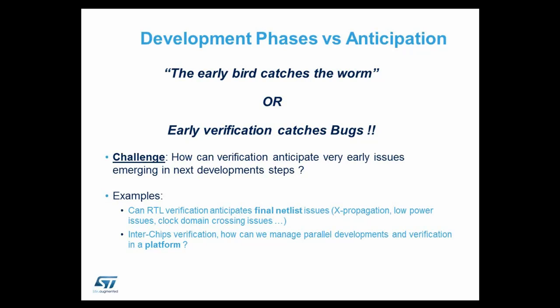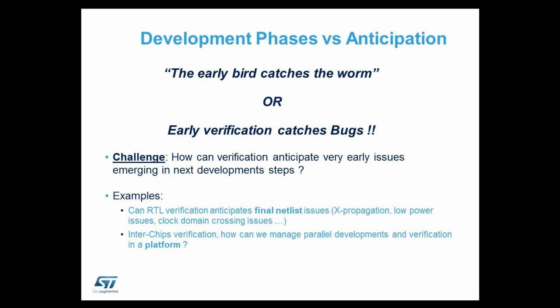There are a lot of examples of RTL verification optimism, like X-propagation, low power, CDC issues, and so on. So the request to EDA vendors is to give possibilities to break this optimism of RTL, to avoid seeing very late issues in final netlists.